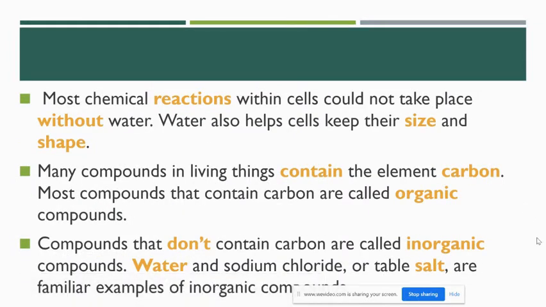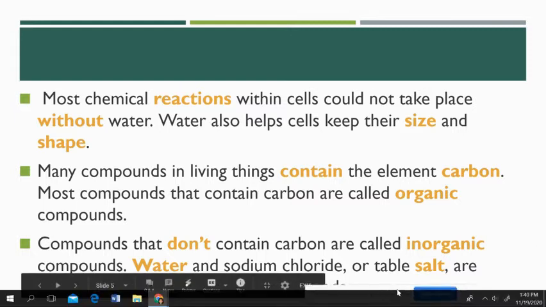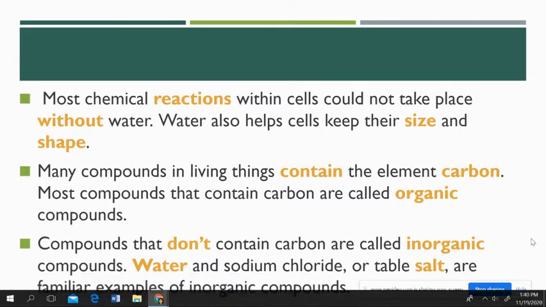Most chemical reactions within a cell could not take place without water, and water is considered a compound as well. So water helps cells keep their size and shape, and then many compounds in living things also contain the element carbon, and most compounds that contain carbon are called organic compounds because they have that carbon element which is found in living things.